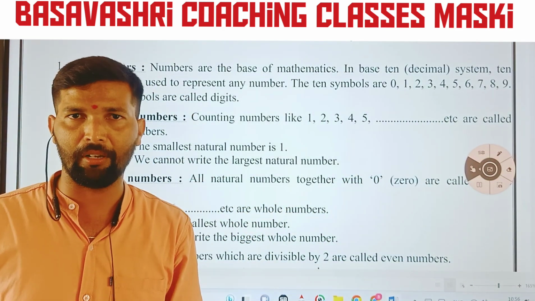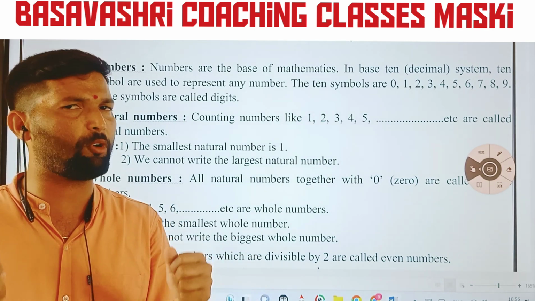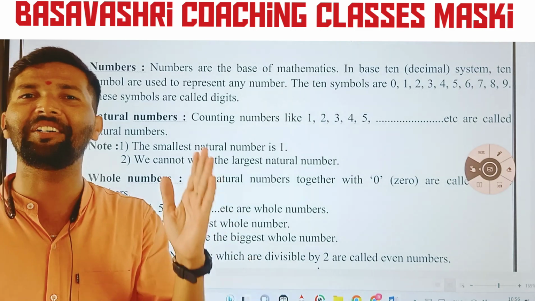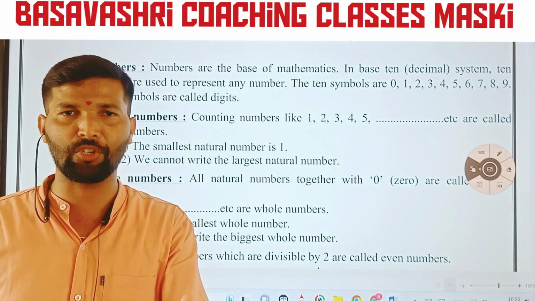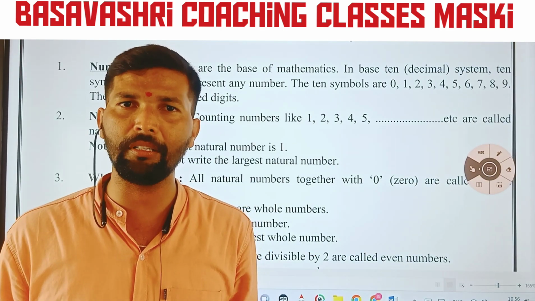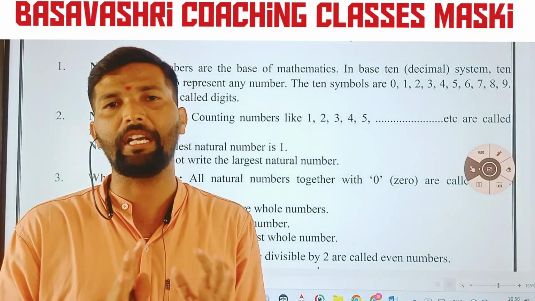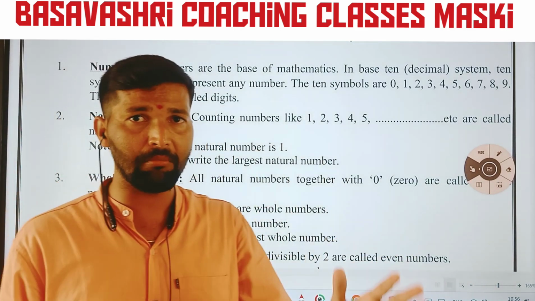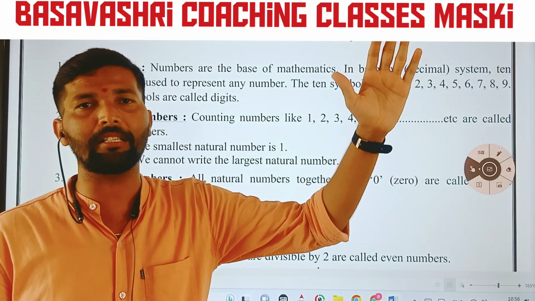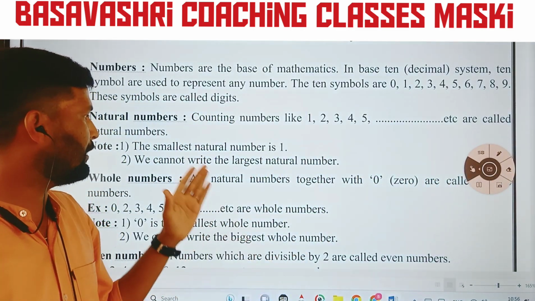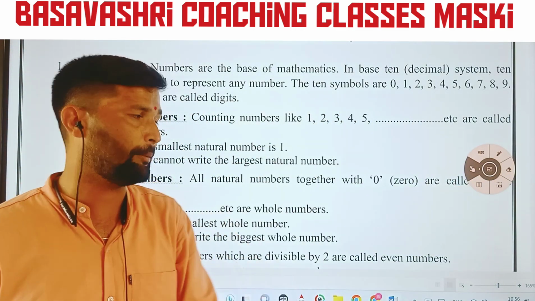In the natural numbers, we can find the smallest number: 1 is the smallest natural number. Can we say the biggest natural number? No, we can't tell the biggest natural number. Why? Because they are counting numbers. We can count the numbers endlessly. We can't tell the largest natural number.